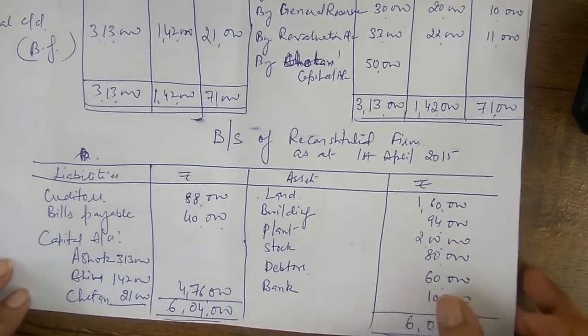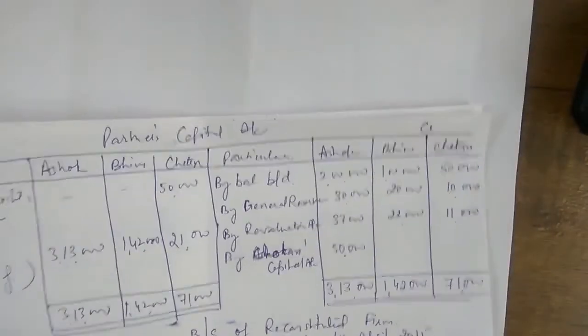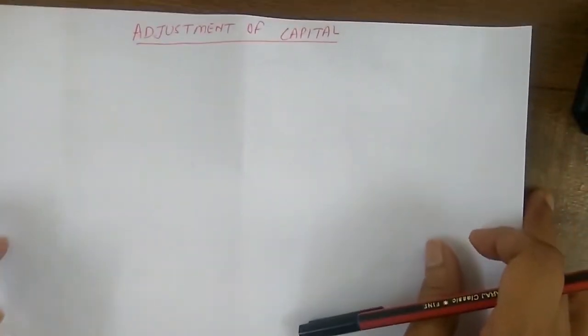Clear? So we will start with the next topic, that is adjustment of capital. With this we are going to complete your chapter.